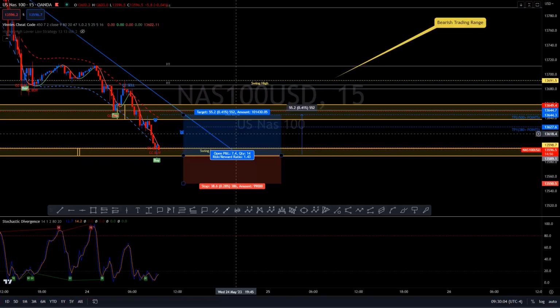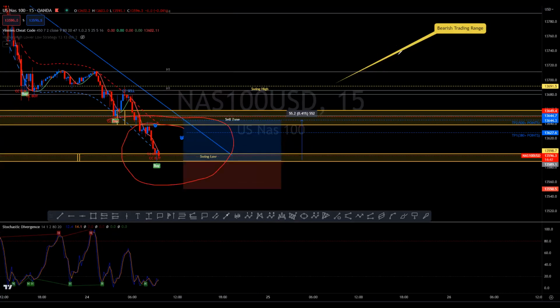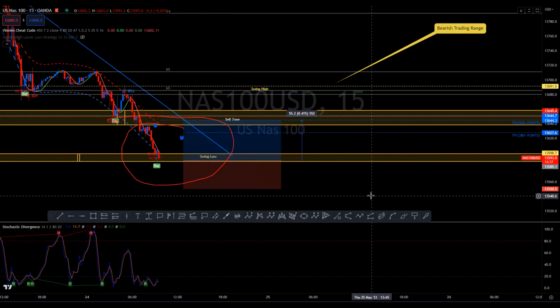Now we're strictly going to focus on price action. But we got a cheat code buy, and price is sticking out of the Bollinger Band. Let's see what NAS does. Let's see.